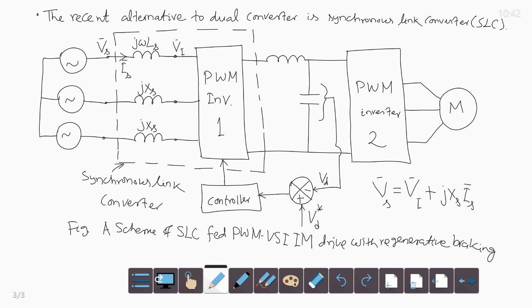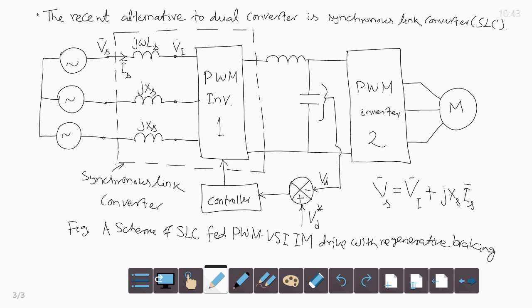Depending upon the source current Is, Vi is controlled such that the PWM converter 1 always operates as a synchronous machine, either as a motor or generator.